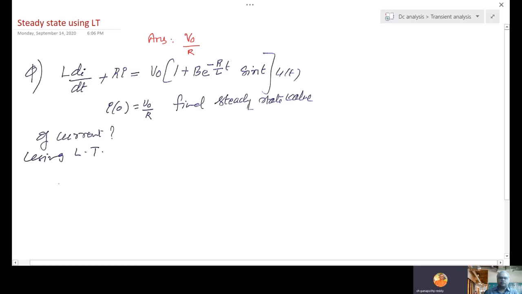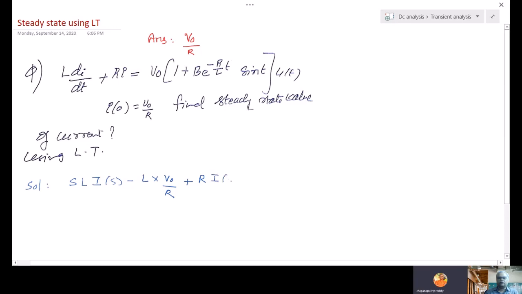So first let us apply Laplace transform to that equation. So that is s into I of s minus I0. I0 is already given, V0 by R, plus R into I of s.